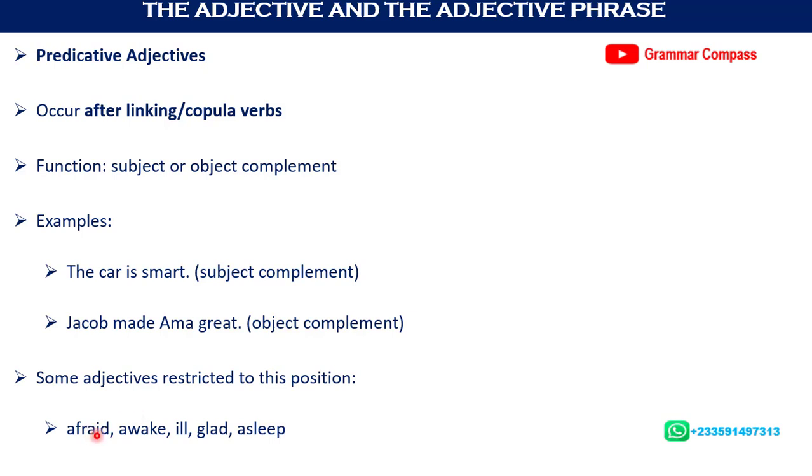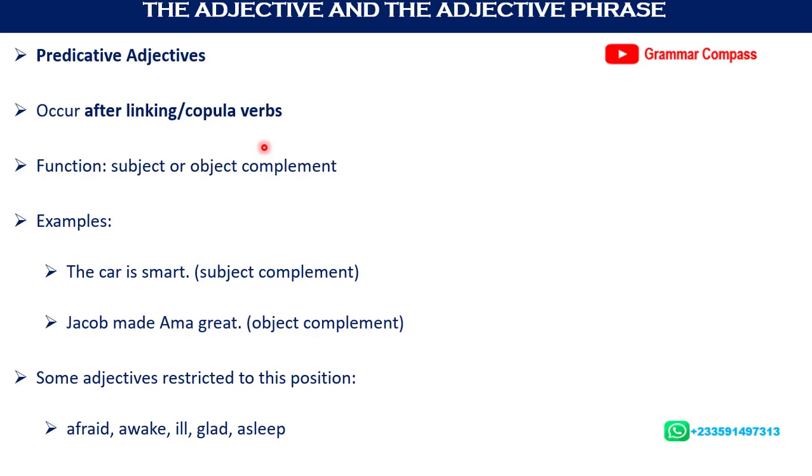So you cannot say an afraid boy. You will say the boy is afraid. Awake. You cannot say an awake man. No, the man is awake. Ill, glad, asleep. They are all restricted to the predicative role. They come after linking verbs. These are what are called the predicative adjectives. They occur after copular verbs.